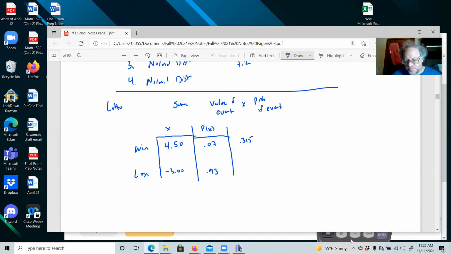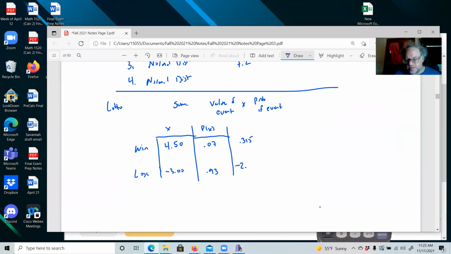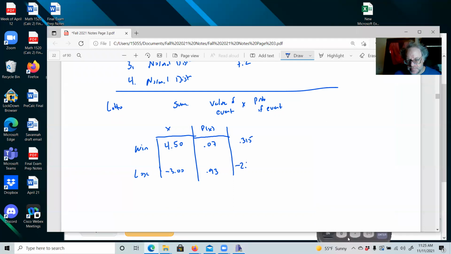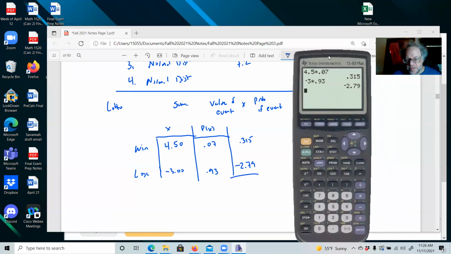All right. And next we have the value of the event, we're out $3, so -3 times 0.93. Okay, we get negative 2.79. And then we're going to add these up.